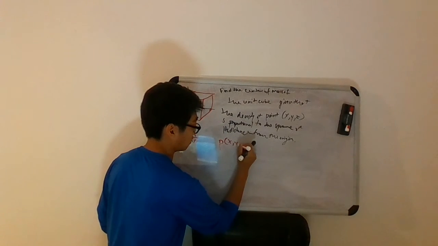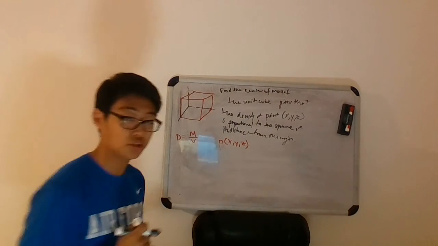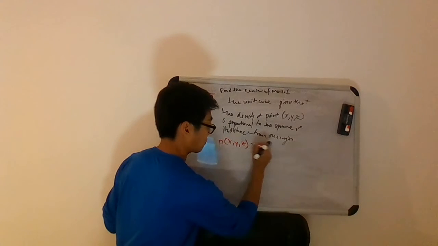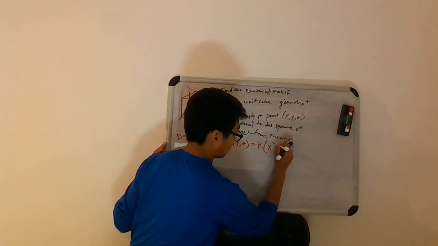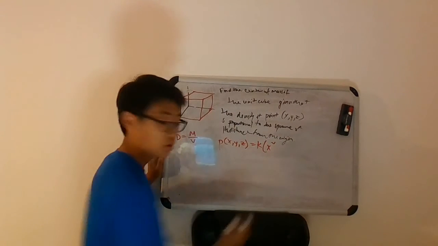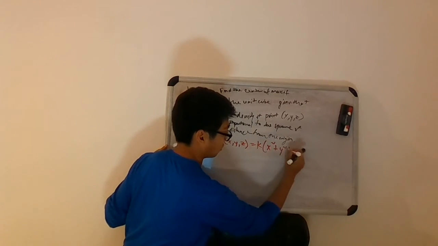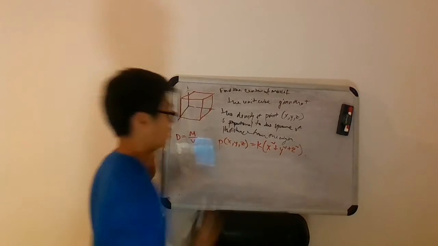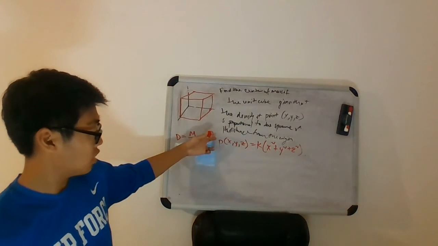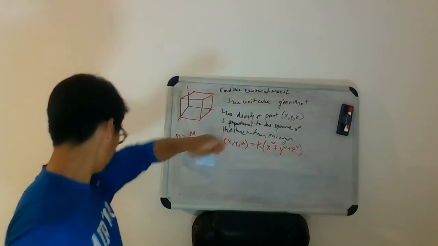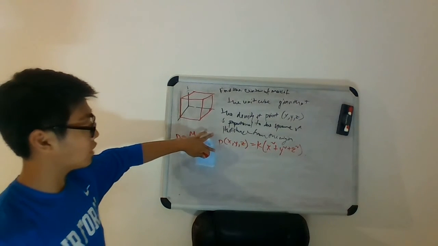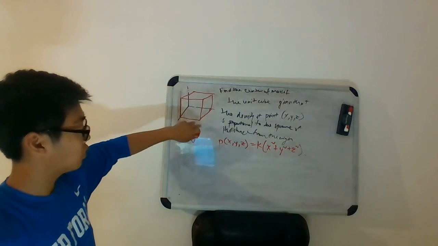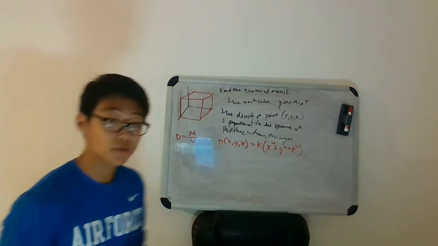P of x, y, z, so that's the function of 3 variables, is equal to some constant times x squared plus y squared plus z squared. And so this expression here shows us the density of any given point within the unit cube.